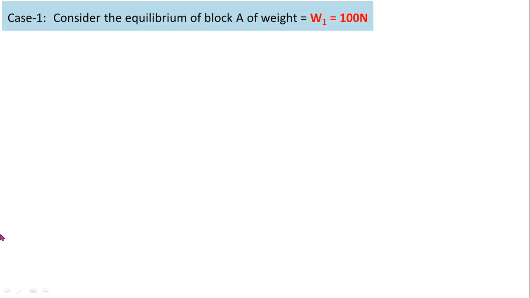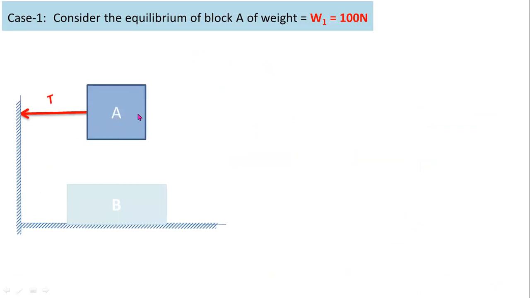That is the upper block. So you have to consider free body diagram for this block A. W1 is the self weight of block A, that is 100 newtons.